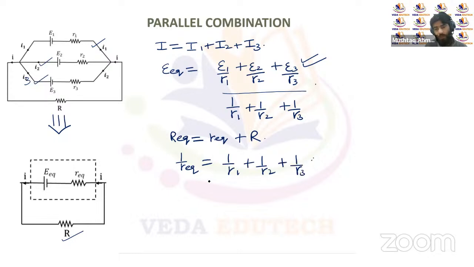From here we can calculate 1 over small r equivalent, and then put the value of that r equivalent in this equation to calculate the total equivalent resistance of this circuit. This is how we calculate the total equivalent resistance of the circuit using the equivalent of the internal resistances of the batteries.